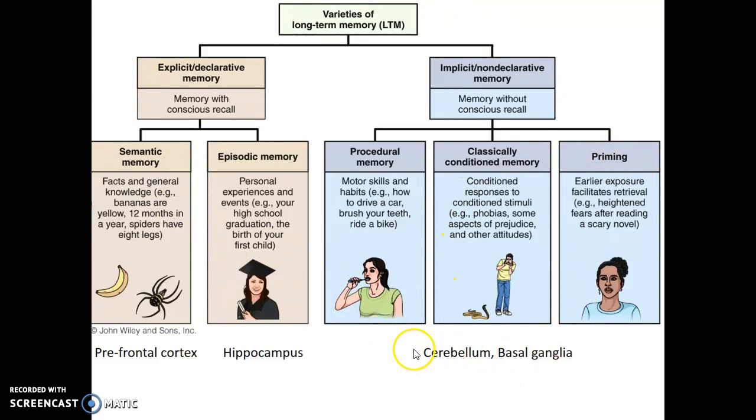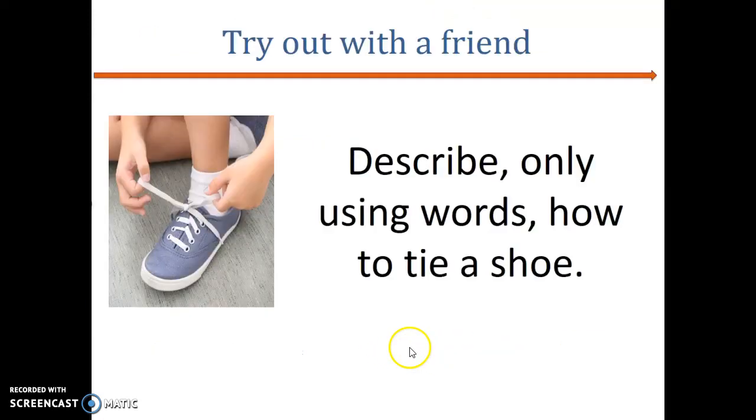You can look at examples, and I think it's more self-explanatory. So see if you can do this. It will help you differentiate implicit memory from explicit. Ask your friend to describe to their friend how to tie the knot on a shoe without using actions, just using words.